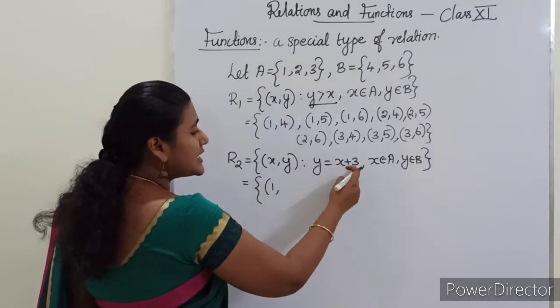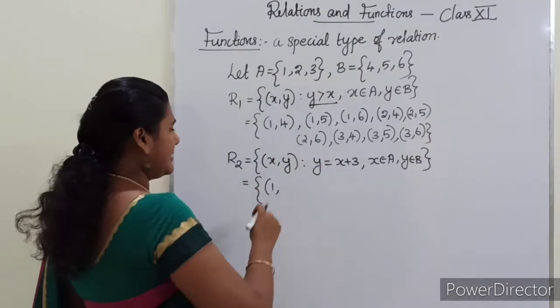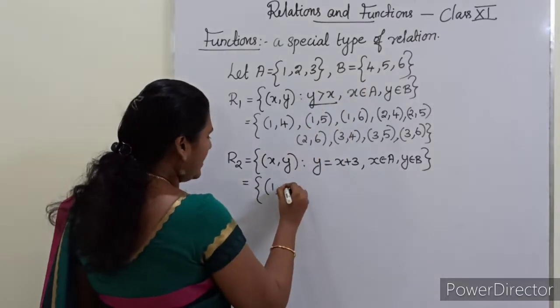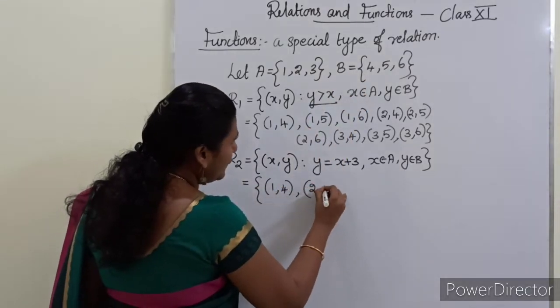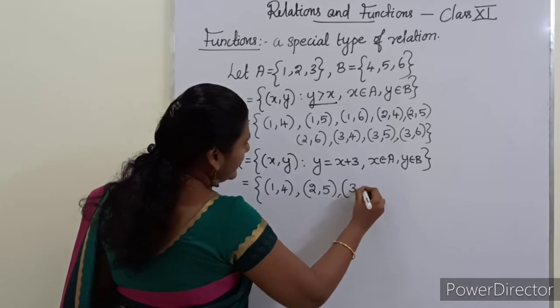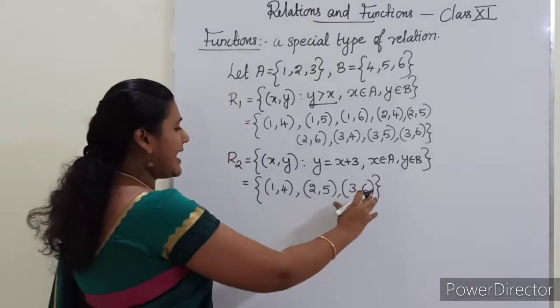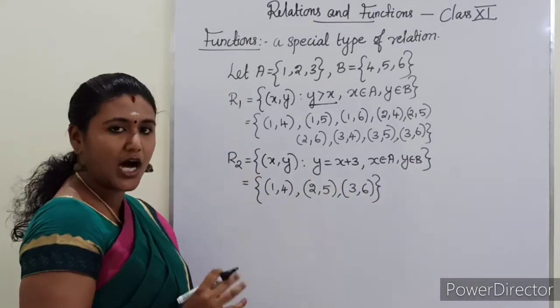The second element should be 3 more than the first element, that is (1, 4). Then the next element is (2, 5), then (3, 6). So these are the elements of the second relation R2.